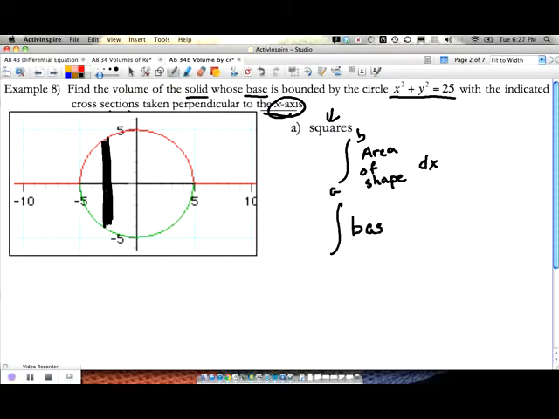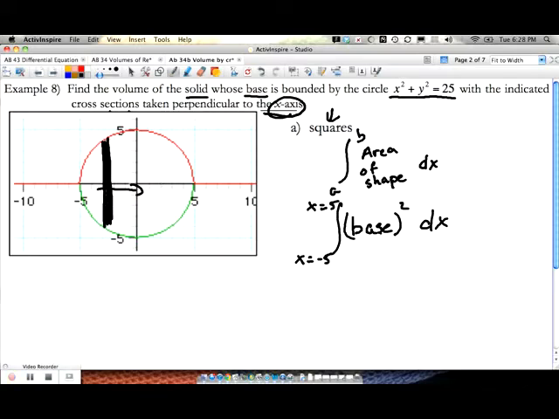So I'm looking for the base squared. And my limits of integration, well, if I'm perpendicular here, that means my direction of travel is in the x, which is what I had written here before. So my x starting point is going to be -5. My x ending point is going to be 5.